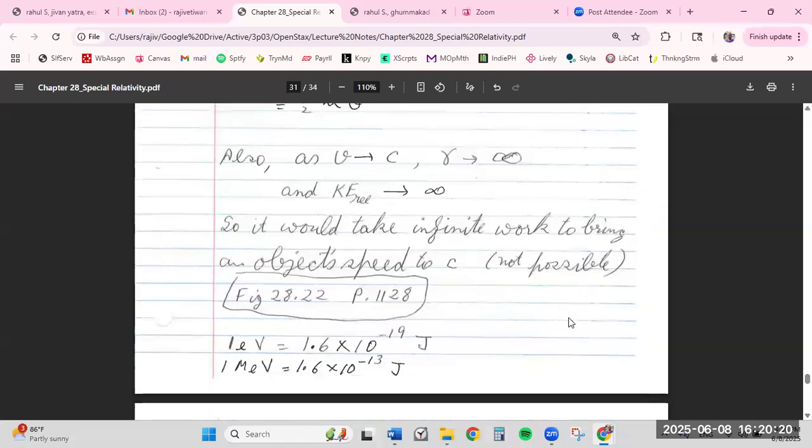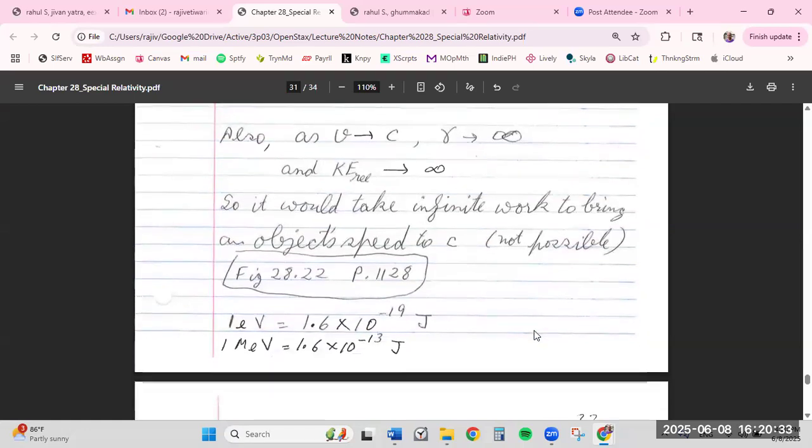You can also see what happens as the speed of a particle approaches the speed of light. Again, gamma approaches infinity, so kinetic energy approaches infinity as well. So that means it would take an infinite amount of work to bring an object's speed to the speed of light, c, which is also not possible.